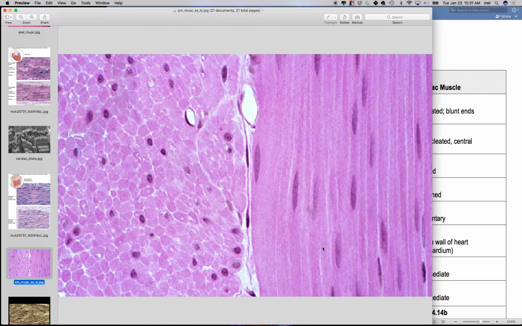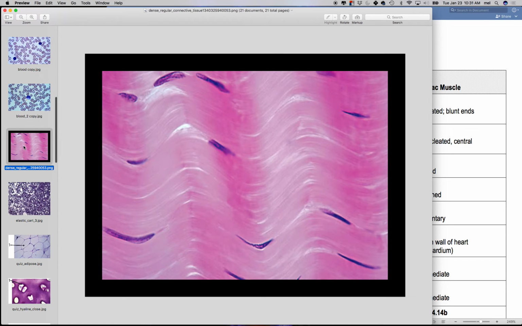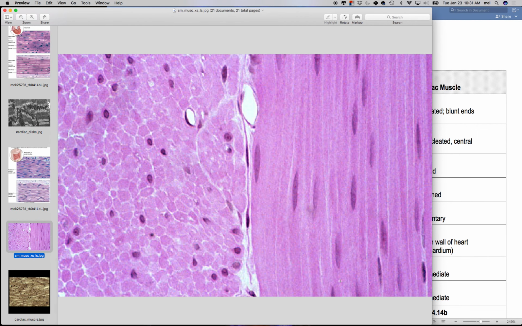And now let's acknowledge a couple things. Do you see that this nucleus is inside the cell? Right there, right? Okay, and now let's look back at our dense regular. Do you see that these nuclei are smashed between the fibers? Do you also see parallel fibers running all the way through, and not just what looks like parallel cells, right?